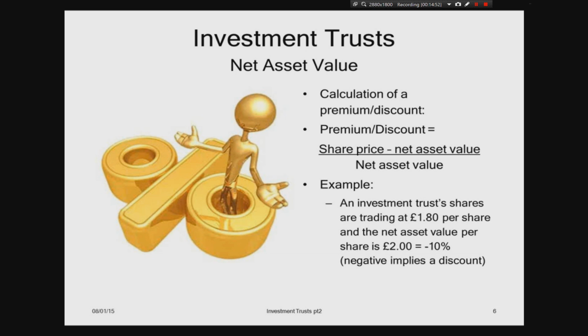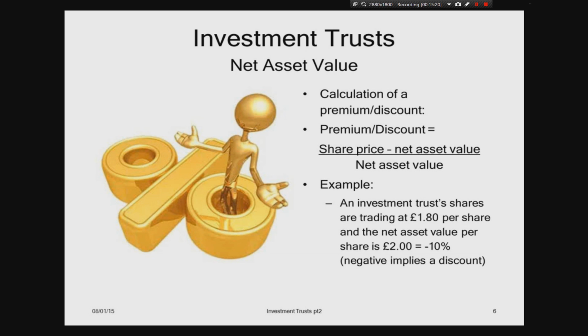So now it's your turn. On the following slide, you've got some investment trust share prices and net asset value per share, and what I want you to do is tell me if they're trading at a discount or a premium, and if you can come up with the figures, that would be even better. Please put your answers in the chat box, and I will tell you how you're getting on.